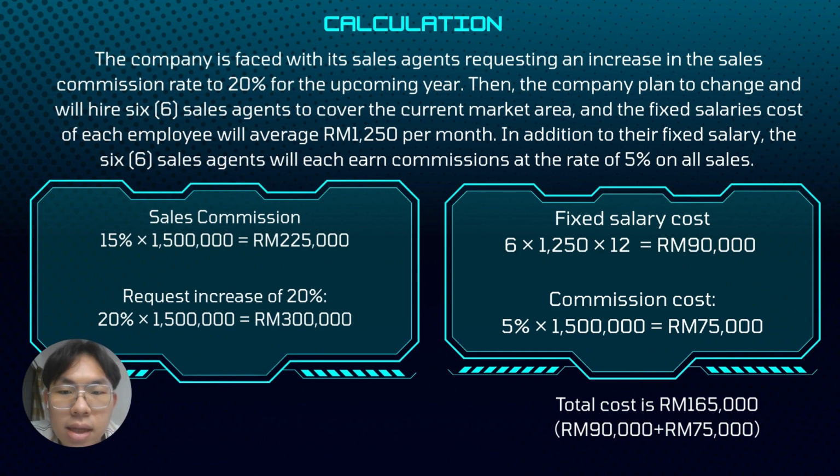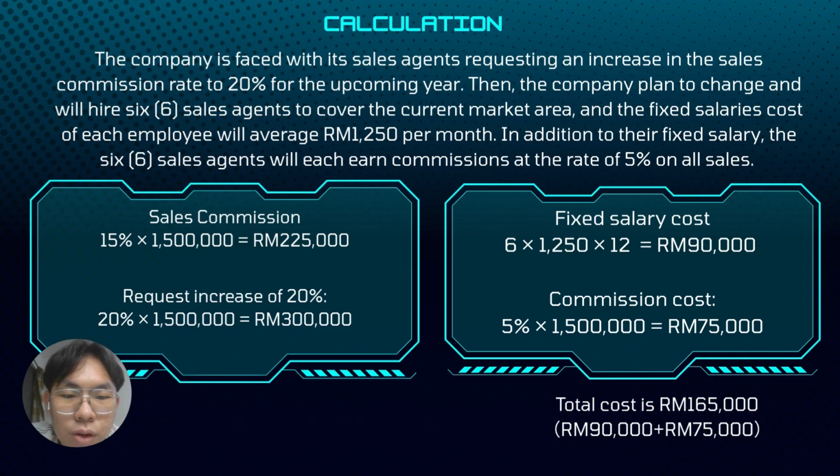Next, we calculate the fixed salary cost and commission cost for the 6 sales agents. So we use 6 multiplied by 1,250 and multiply by 12, which equals 90,000 ringgit Malaysia.